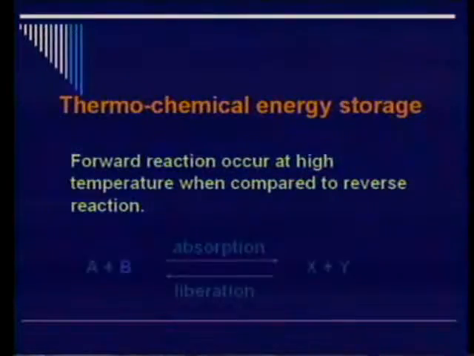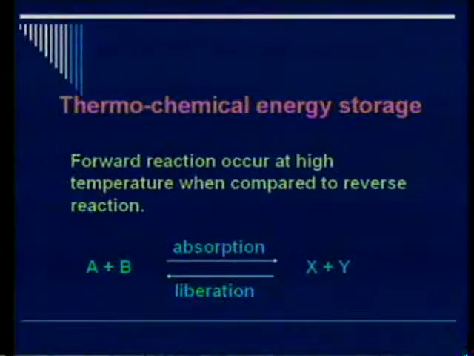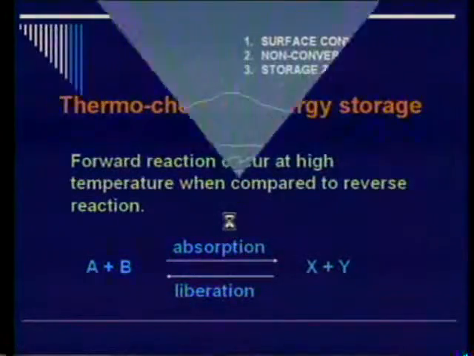So now let us consider the equation: A plus B by absorption is changed to X plus Y, and whenever you take the heat from X plus Y, it will once again be converted to A plus B. Here A plus B to X plus Y is the forward reaction and X plus Y to A plus B is the reverse reaction. The forward reaction occurs at a high temperature when compared to the reverse reaction.